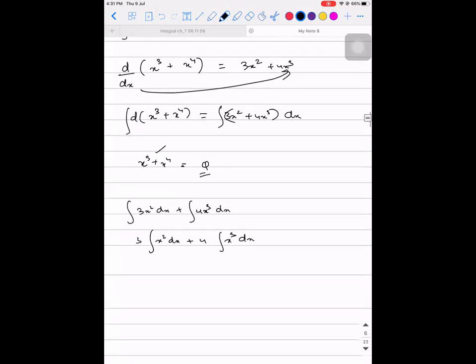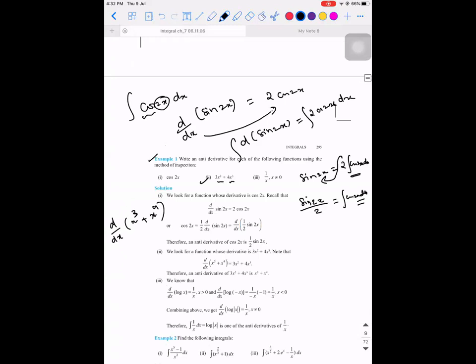What will I get? 3 into x cube by 3, plus 4 into x power 4 by 4. It's the same thing, no? Both ways will give you the same answer. You can use it for verification. Generally these questions are not asked, but since it is given here, I'm explaining.